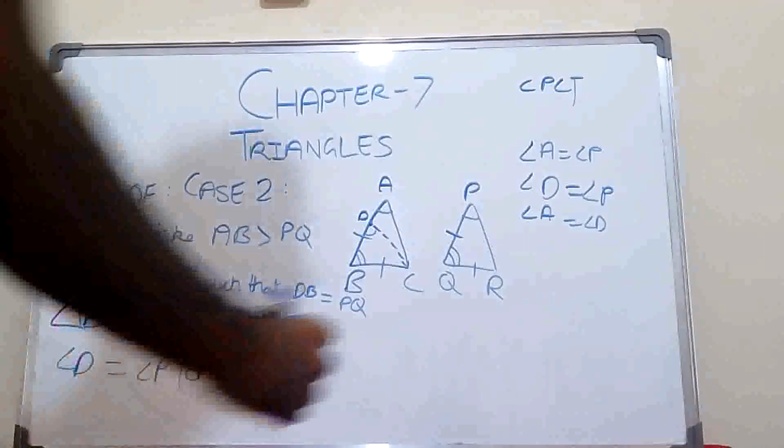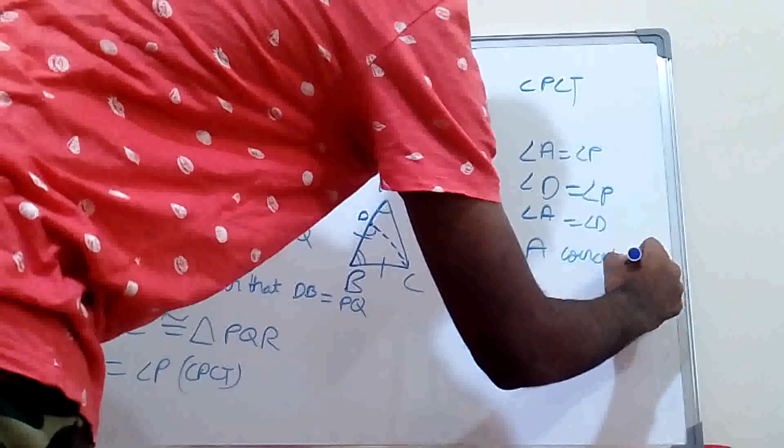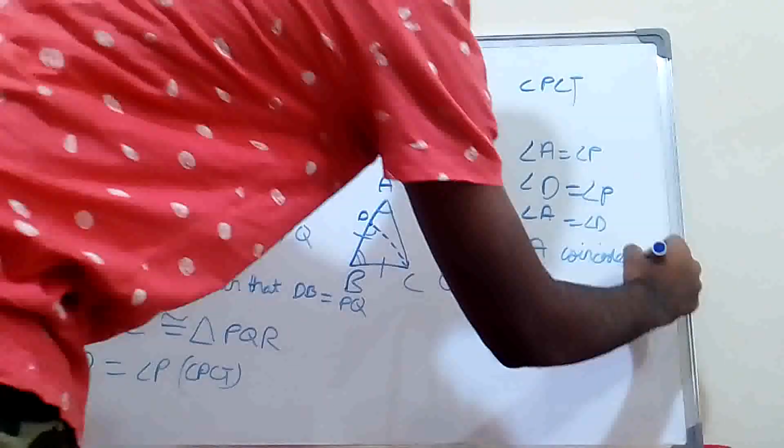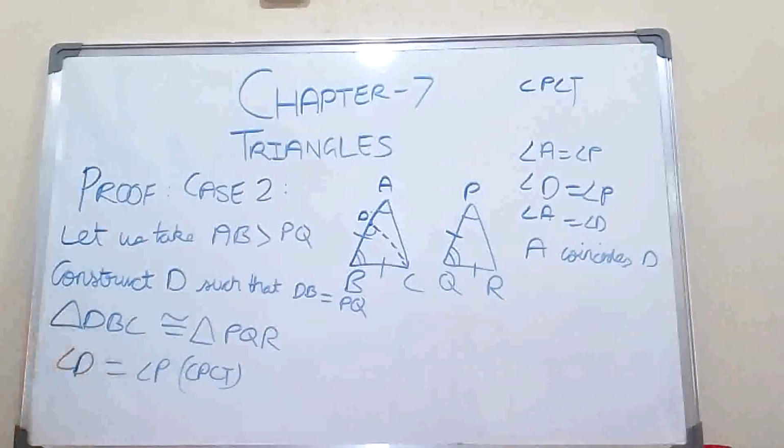This can only happen if A coincides with D, which means that D should come over A. Only if D comes over A can angle D and angle A both be equal to angle P.